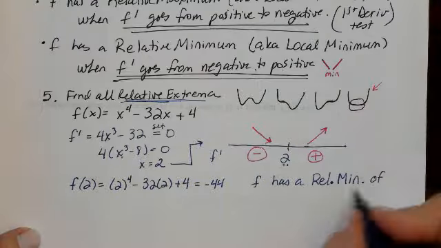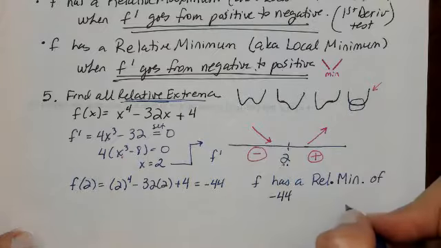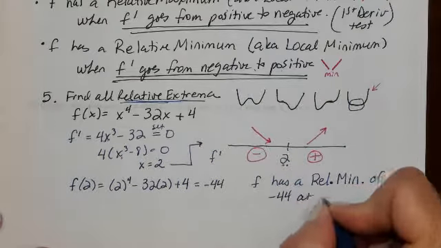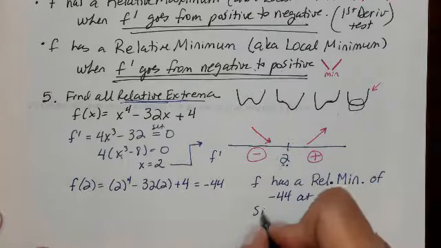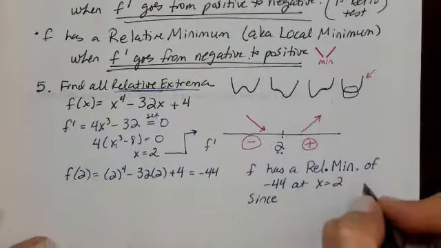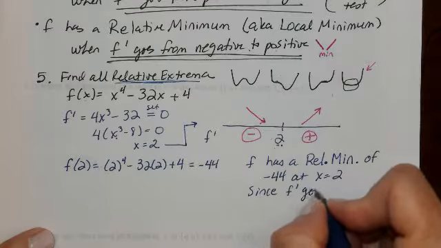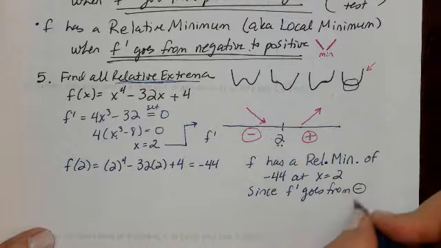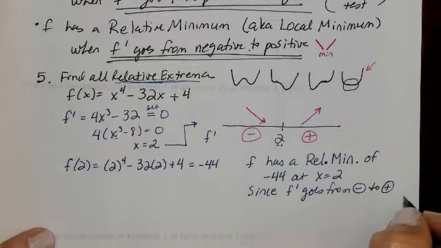So the relative minimum is negative 44. If you just can't stand not including 2, you can say at x equals 2. The justification, most of the time you're going to need to justify your answer, since f prime goes from negative, and you can abbreviate negative with a little negative sign like this, to positive.